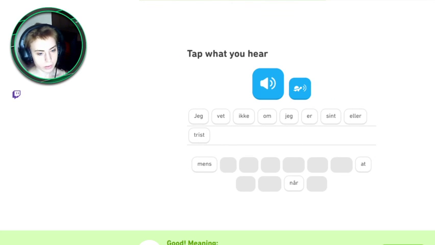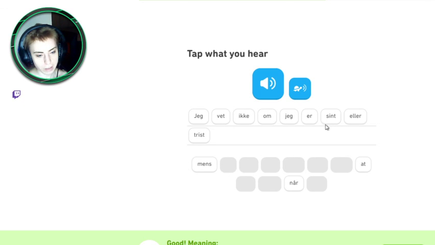So this is, if you notice, it's jeg er, not er jeg. This is not a compound sentence. Yeah, I don't know if I am angry or sad. So yeah, that's one thing to note. The V2 rule doesn't apply here.